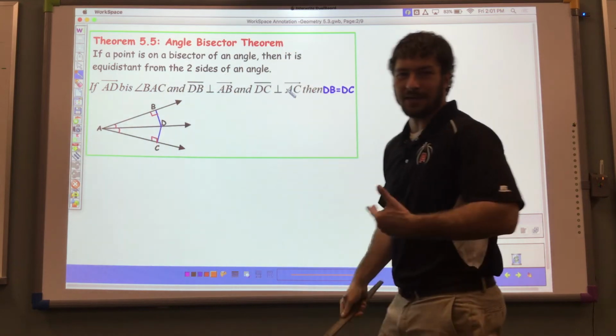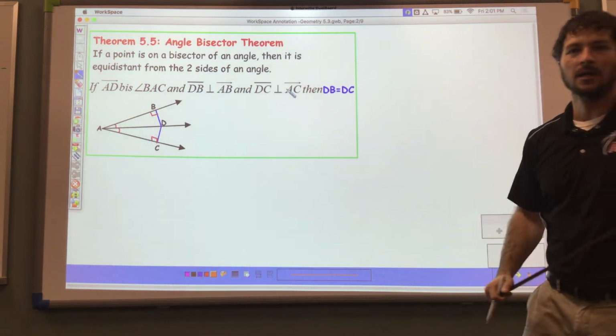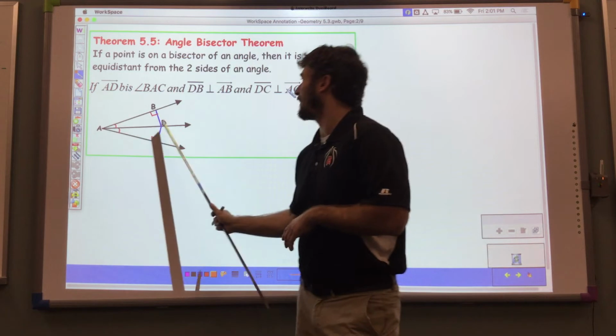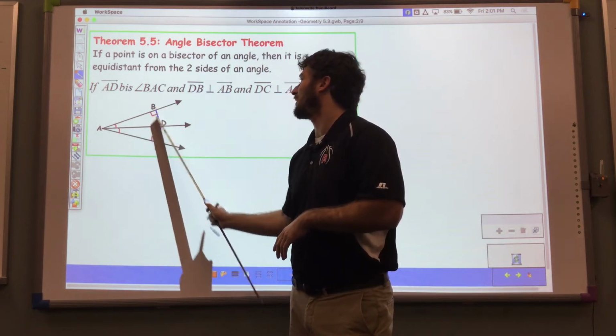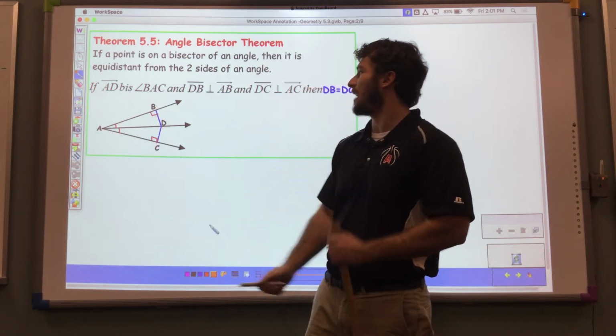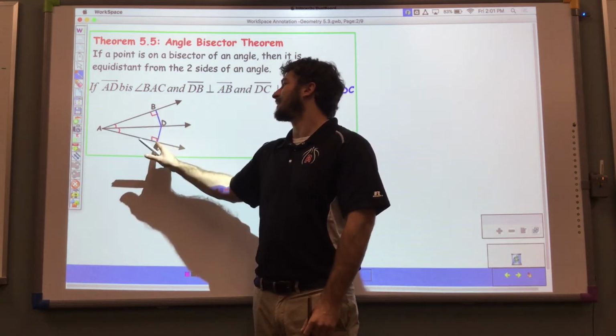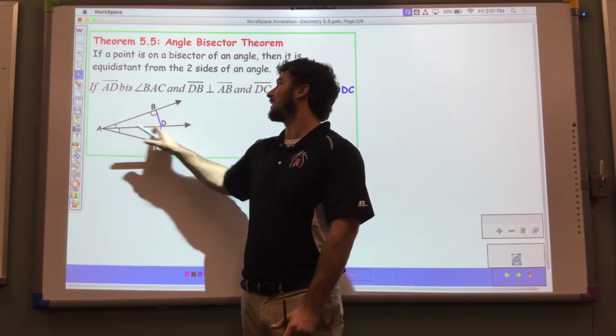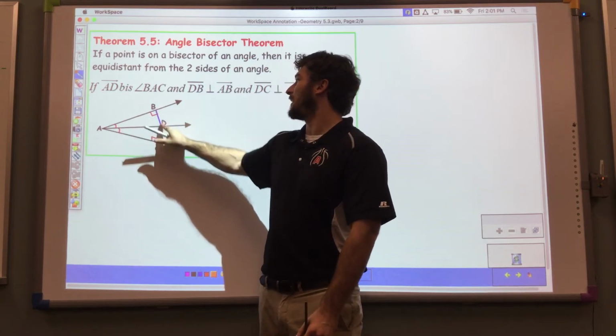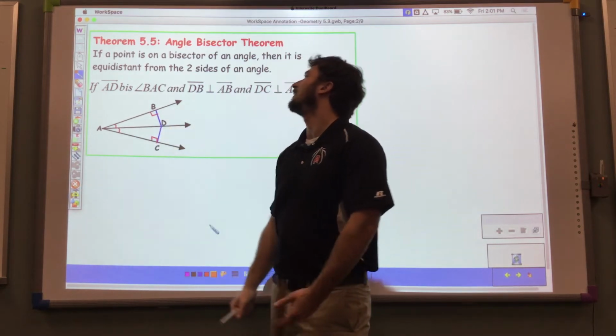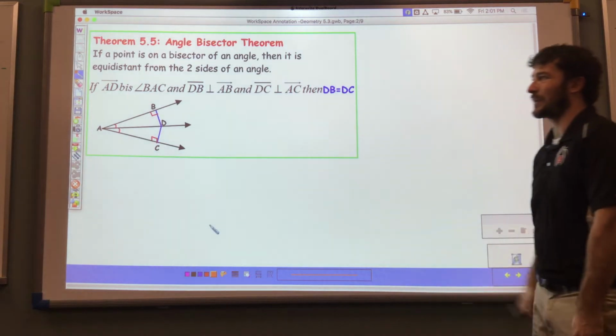Now when you talk about distance from a point to a line, we talked about this earlier, that distance always needs to be perpendicular to that line we're talking about here. So you have to have these right angles here in order to represent that distance. So because D is on the angle bisector, these two segments, BD and DC, are going to be equal. They're going to have equal length.